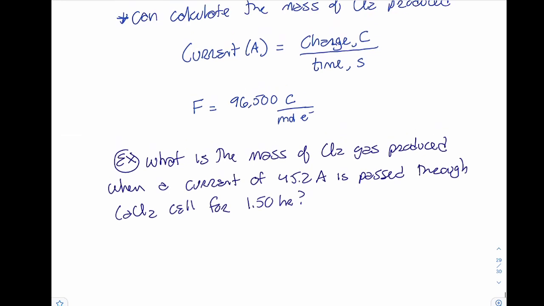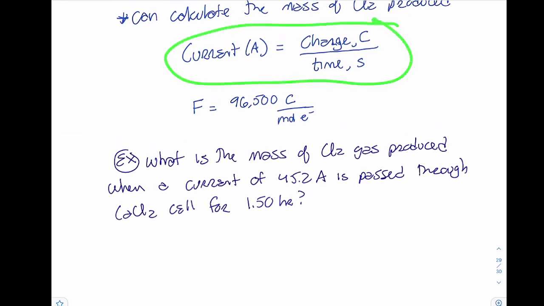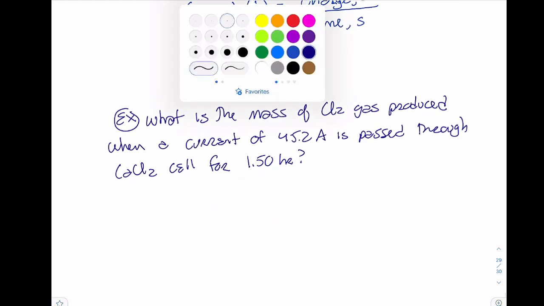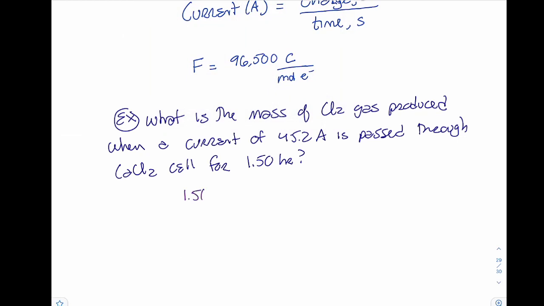So again, we're just going to use this to calculate the number of coulombs that I have. Because my time here is in seconds, I do need to convert hours to seconds. So let's do that first. I have 1.50 hours. I know that there's 60 minutes in 1 hour and 60 seconds in 1 minute.